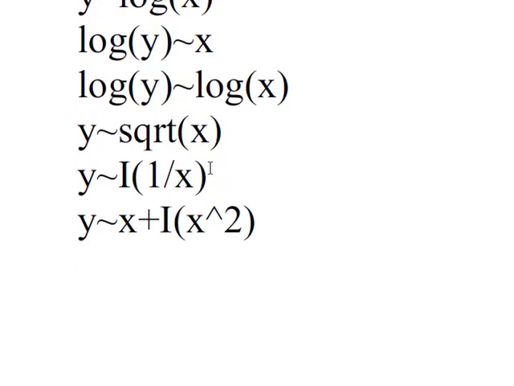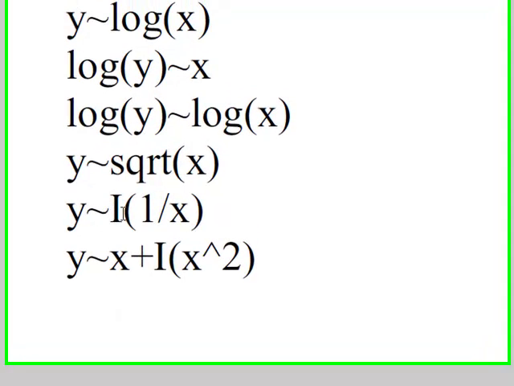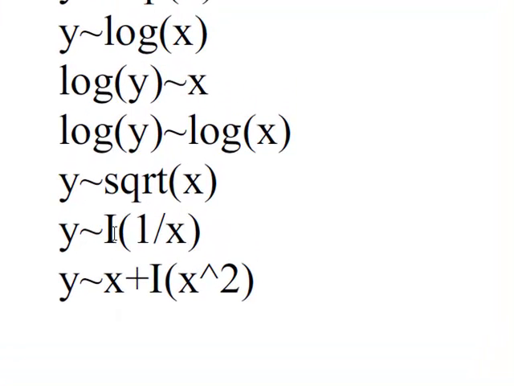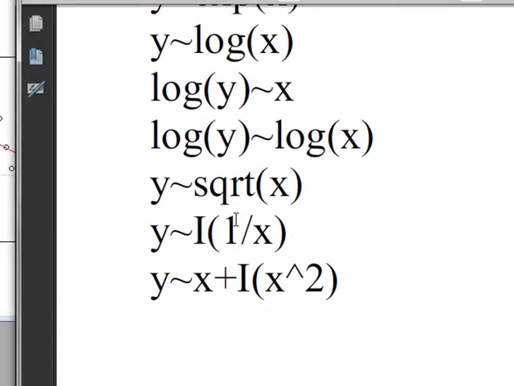The reciprocal transformation needs to go in this I function, a cap I. What this function says is "as is," and you need to use that anytime there's an arithmetic operator in the transformation itself. So we need to use that cap I here, and also this last one is really a quadratic model, so in the quadratic piece of it you also have to put that in the I function, or the as is function.